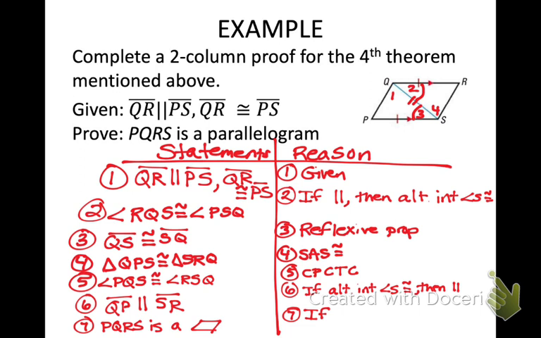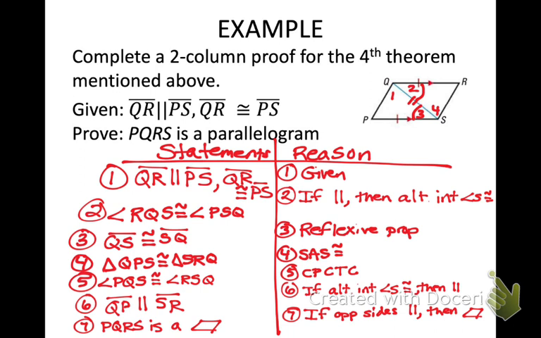Nope, that's what we started with. In order to show it's a parallelogram, we needed what over here? We needed two sets of parallel sides. So if opposite sides parallel, then parallelogram. Right? So that's our definition of a parallelogram.